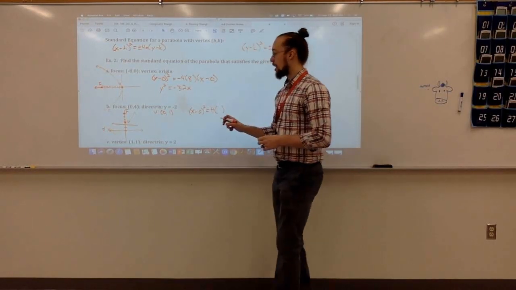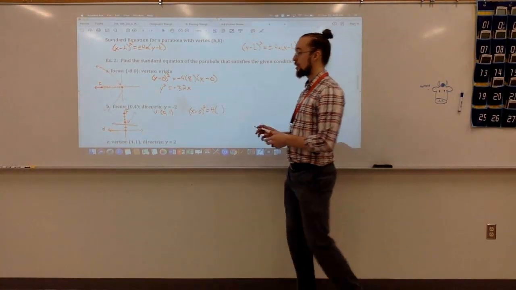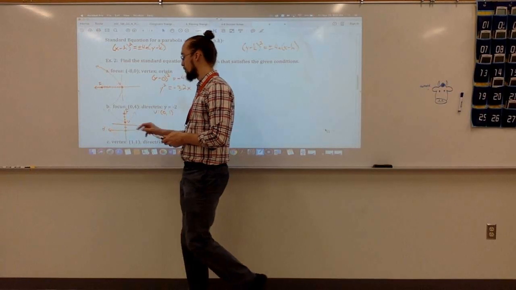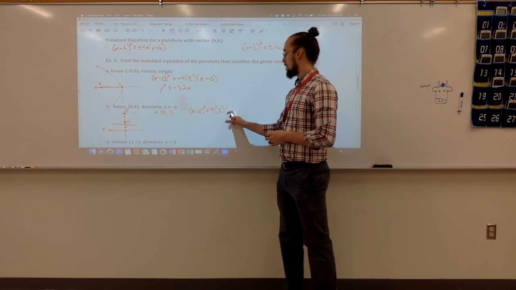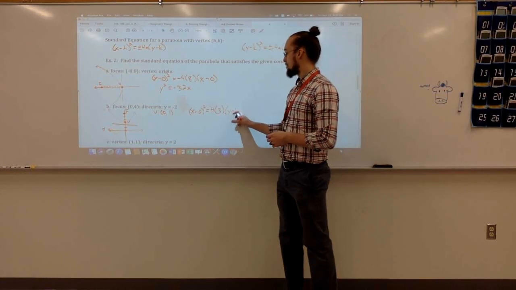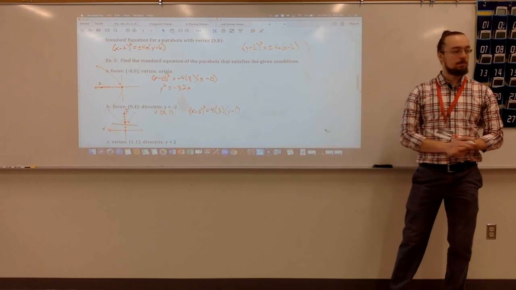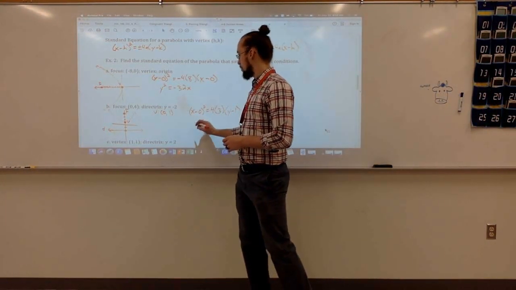Now what's my value of a? 3. 3, right? a is the distance from the vertex to the focus, or from the vertex to the directrix. So that'll be 3 times y minus 1. So again, we can simplify this a little bit.